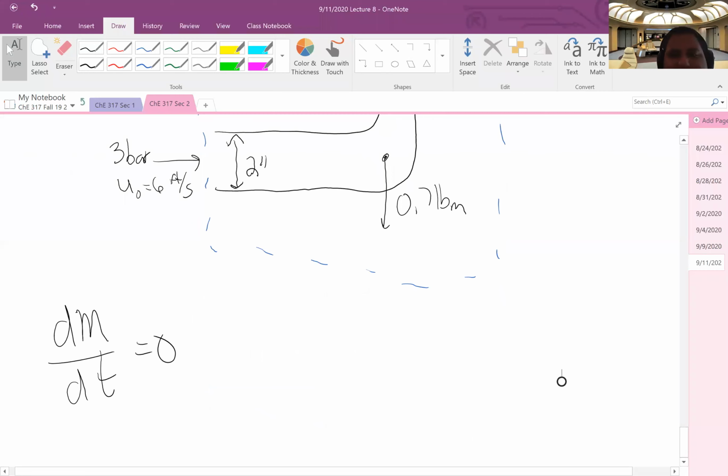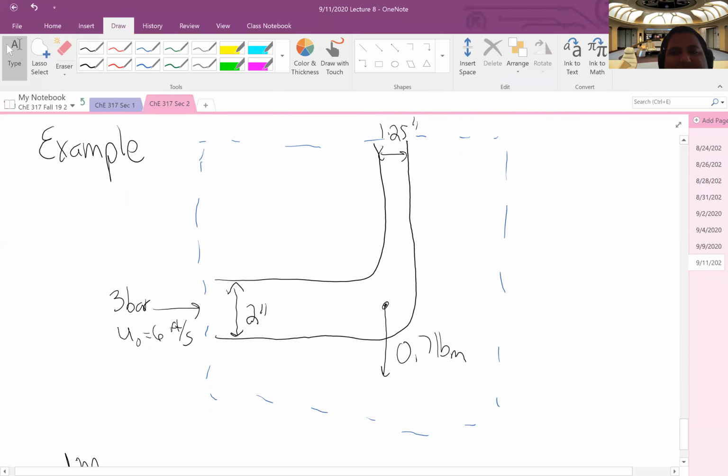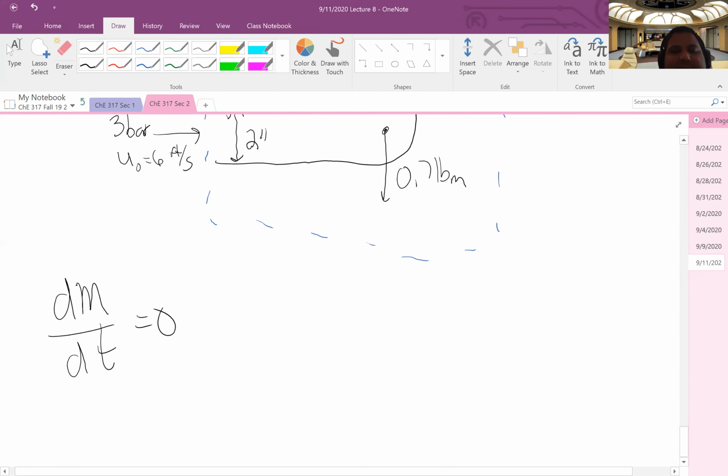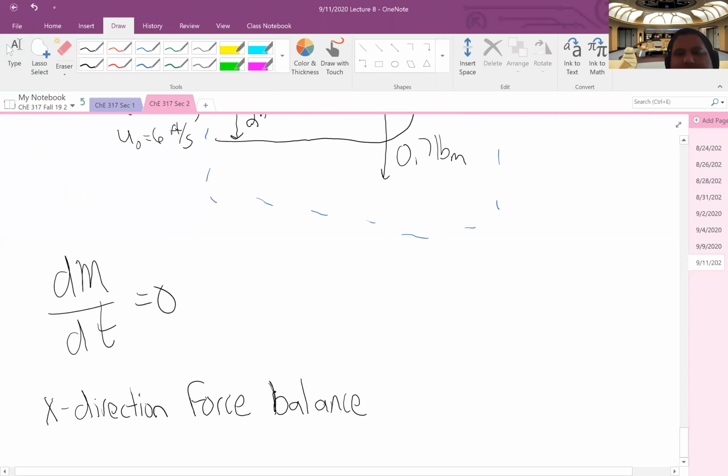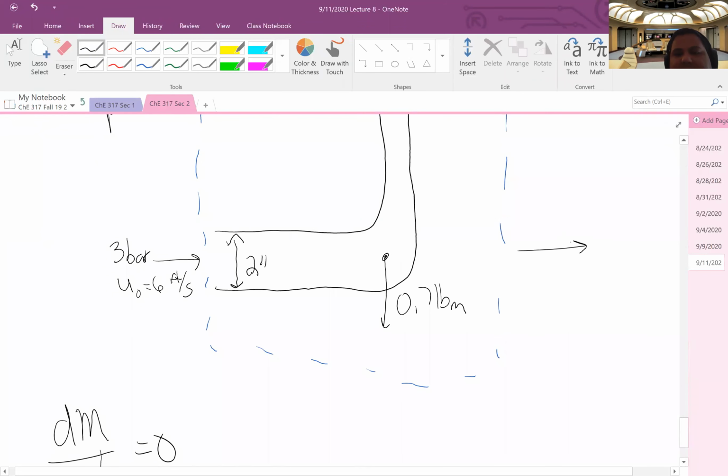So this can be drawn up like a force balance, where you can analyze it in both the x and the y direction. So if we're going to look at an x direction force balance, assuming that to the right is positive and up is positive.